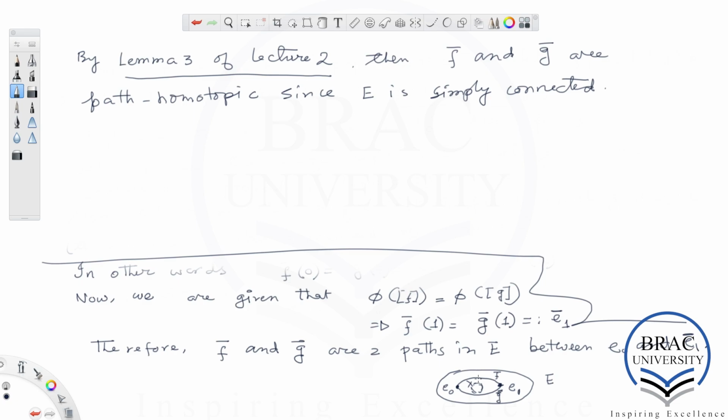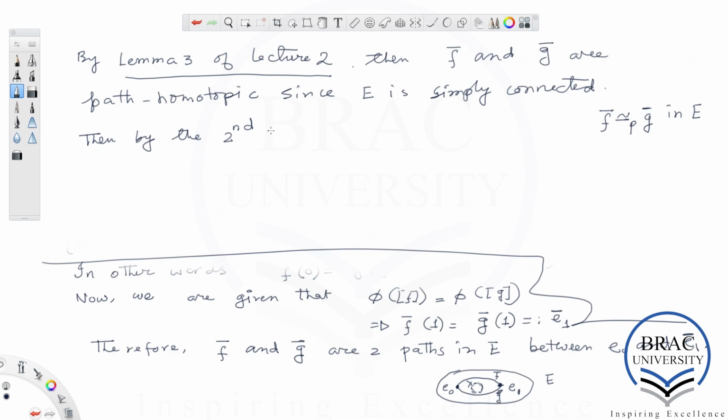Okay, so we just have seen that F bar and G bar are path homotopic in the covering space E. So now, using the second key fact used to prove theorem 1, we had two key facts that were used to prove theorem 1 of lecture 1.